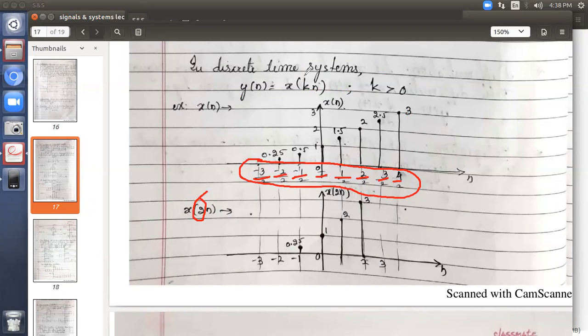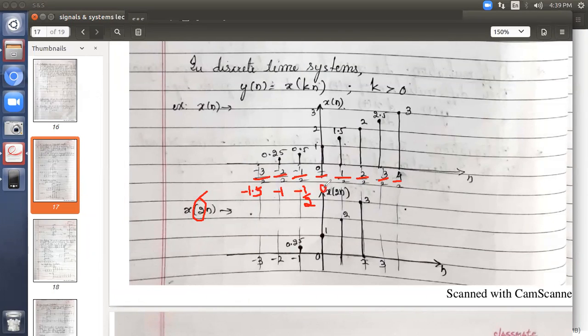If you do that, what will you get? Let's see the new time range. -3 by 2, what is the value? -1.5. And -2 by 2 is -1. -1 by 2 is -0.5. I will write it like this, I don't have space here.